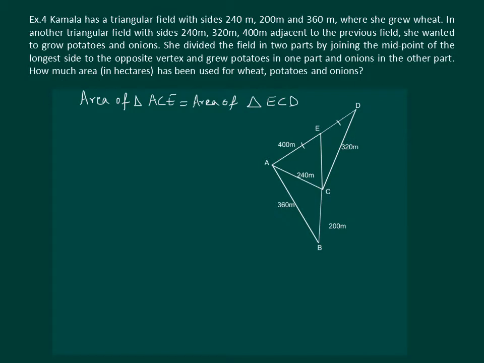We start with writing that area of triangle ACE is equal to area of triangle ECD, as base for both the triangles is 200 meters and height is also same as that of triangle ACD.